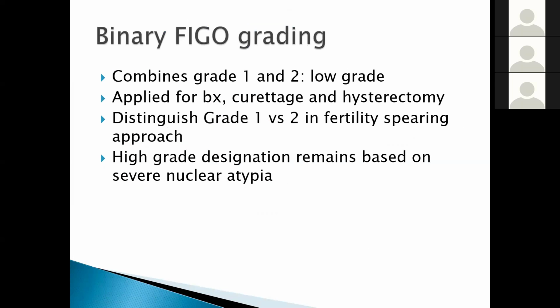They say it's really only going to come into play when they're trying to do fertility sparing treatment. A young patient who wants to keep the uterus might ask you to distinguish 1 and 2, and then they give progesterone if it's a 1 to keep the uterus, let the carcinoma resolve, and then move forward with pregnancy in the future.